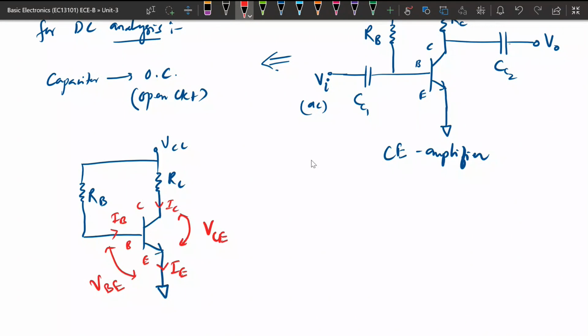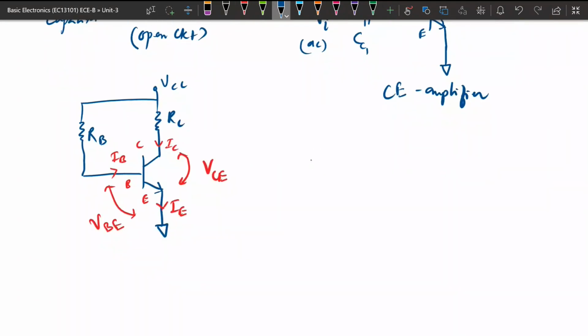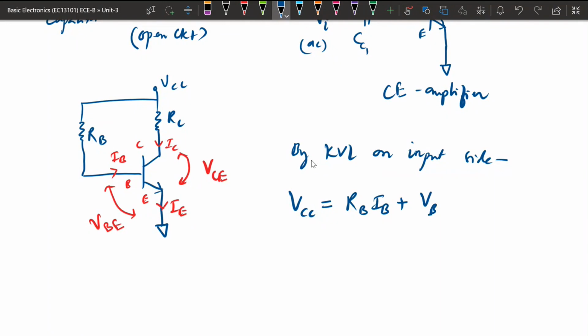Now we go with the analysis. Applying KVL on the input side, with VCC, RB, and VB, VCC equals the current flowing, which is IB, times RB, plus VBE. This is the KVL equation.